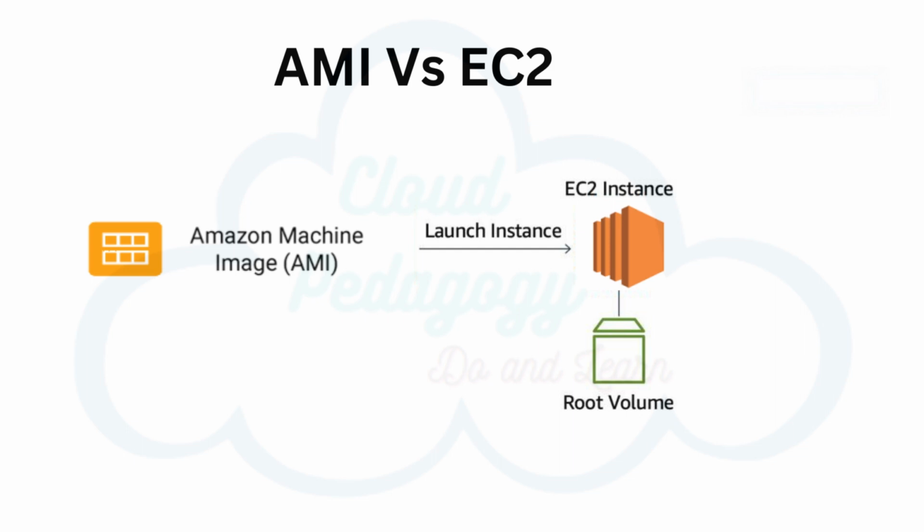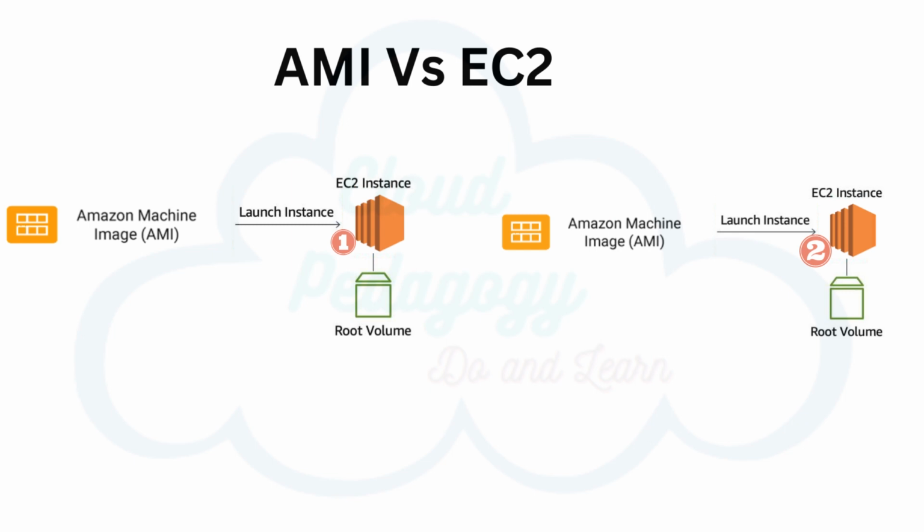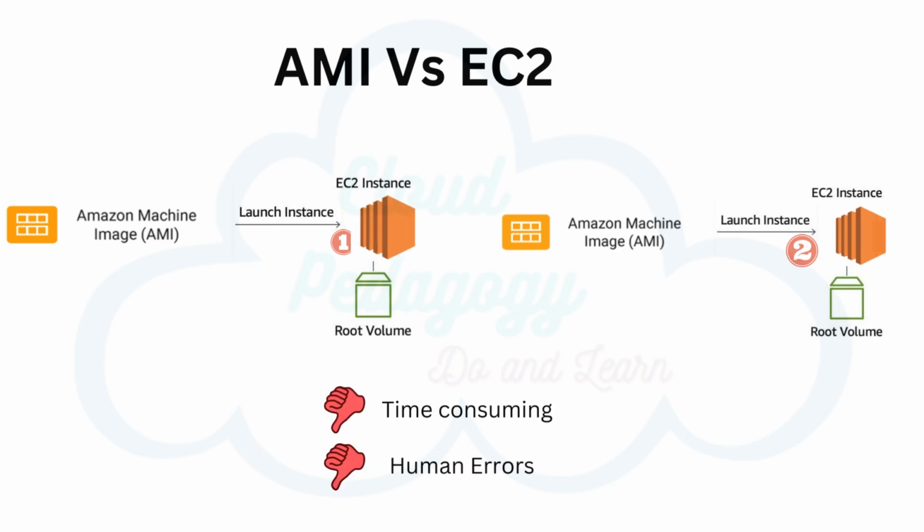One advantage of using AMIs is that they are reusable. If you wanted to create a second EC2 instance with the same configurations, how can you easily do that? One option is to go through the entire instance creation and configuration process and try to match your settings to the first instance.